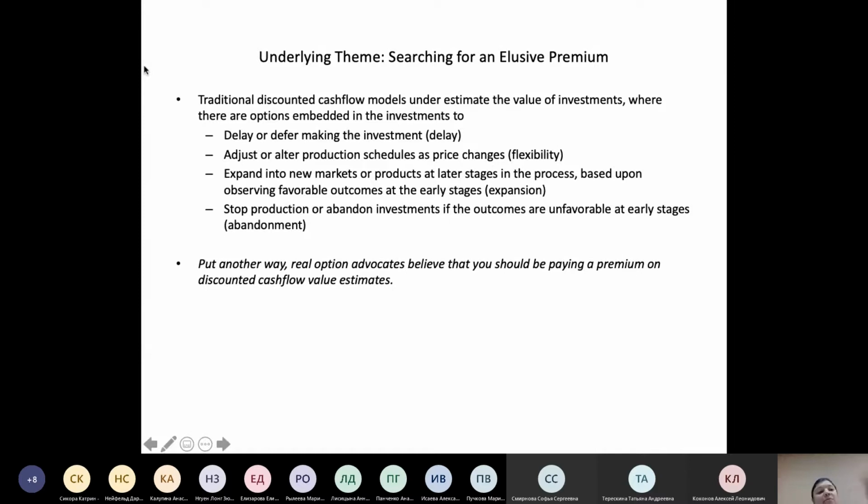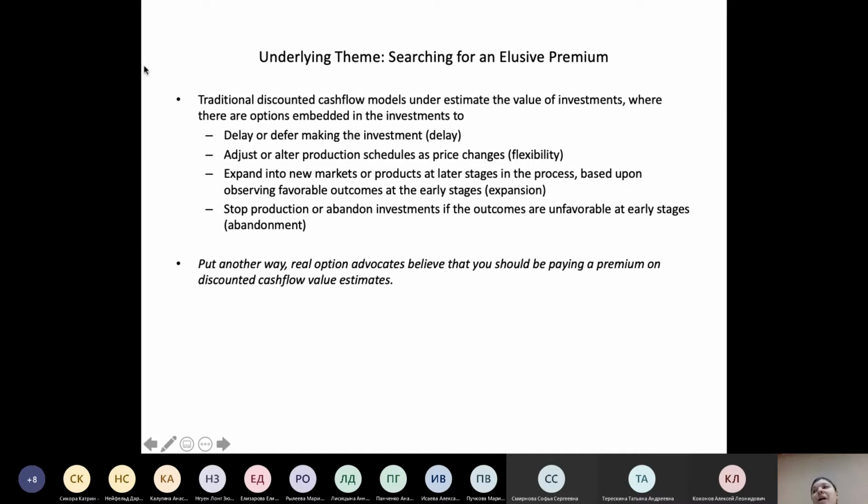For example, to delay or defer making the investment, which is the option to delay, adjust or alter production schedules at price changes, flexibility. We can increase or decrease our production capacity in our company.